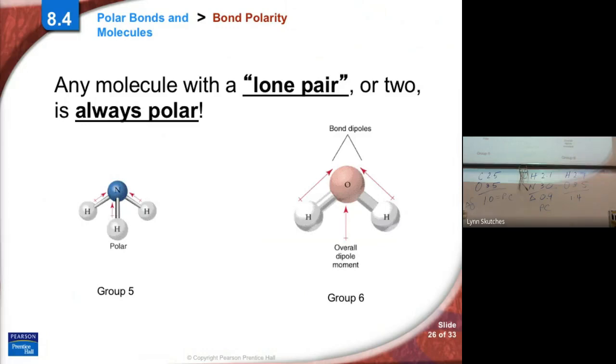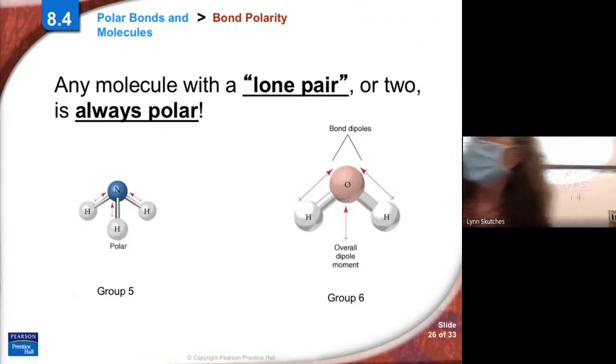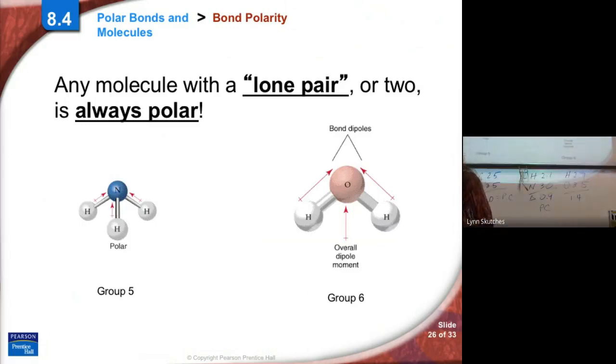However, the bigger part of it is that these hydrogens aren't side by side, right? There are 2 lone pairs. So that makes this a very negative side and this a positive side. The positive of one molecule is going to be attracted to the negative of another. When water is a liquid, it just kind of slides around each other and falls apart.